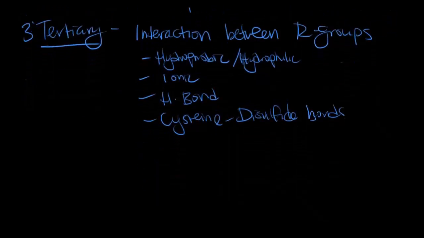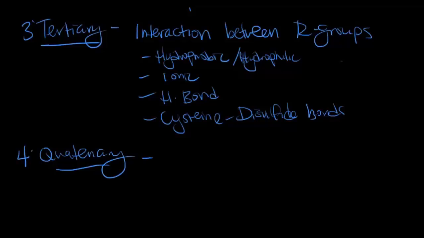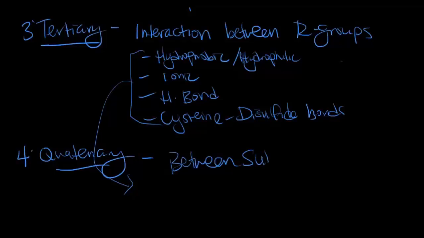The last one we wanted to talk about is quaternary. Quaternary structure is similar to tertiary, where these types of interactions are the same, but now it's between separate subunits. By separate subunits, I mean separate polypeptide chains.